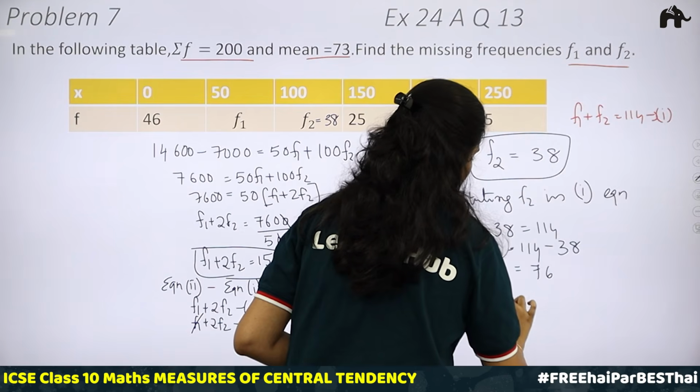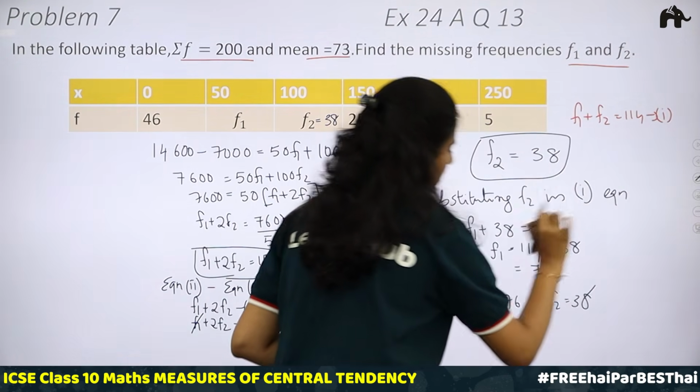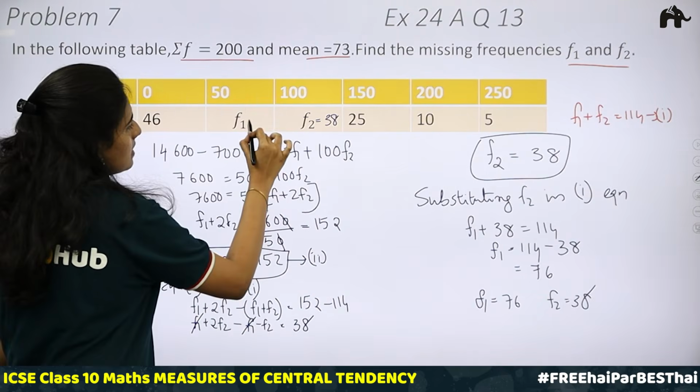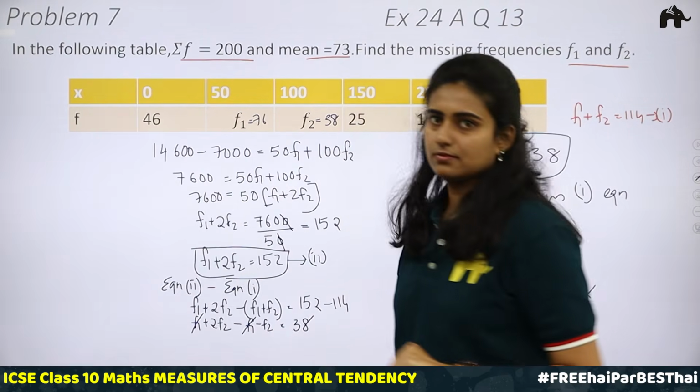Therefore, we have f1 equal to 76 and f2 is equal to 38. Understood how we have determined?